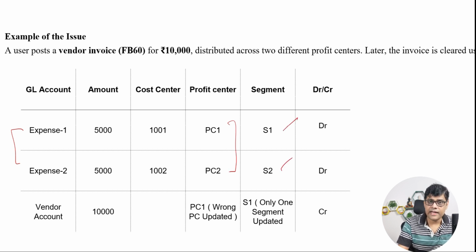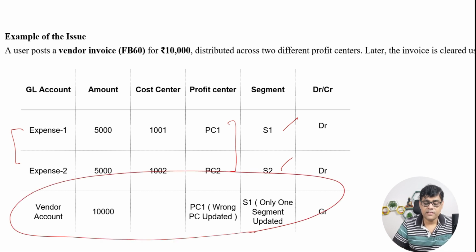But tax is not there, and if you check the last line, you can see that the profit center is updated here with PC1. That means a wrong profit center was updated, right? And the segment accordingly is S1, only one segment is updated here. So nothing is missing, but it is not properly updated.